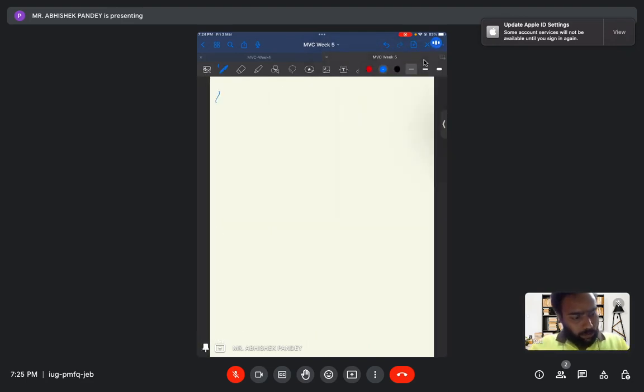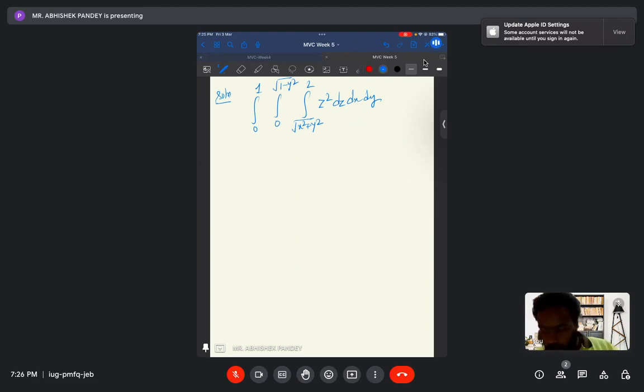Okay, so we need to calculate this triple integral. Here z is from root of x square plus y square to 2.